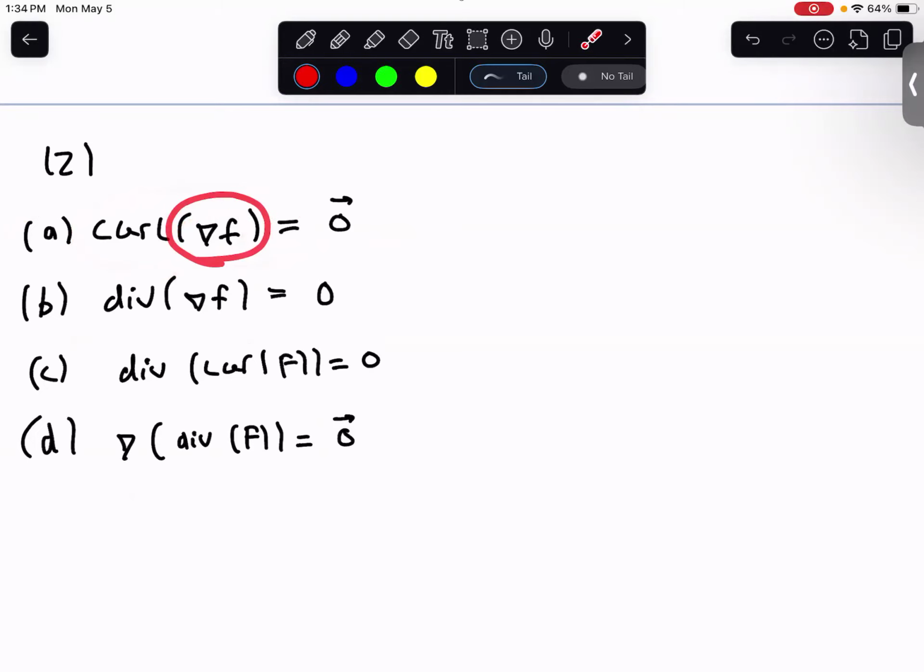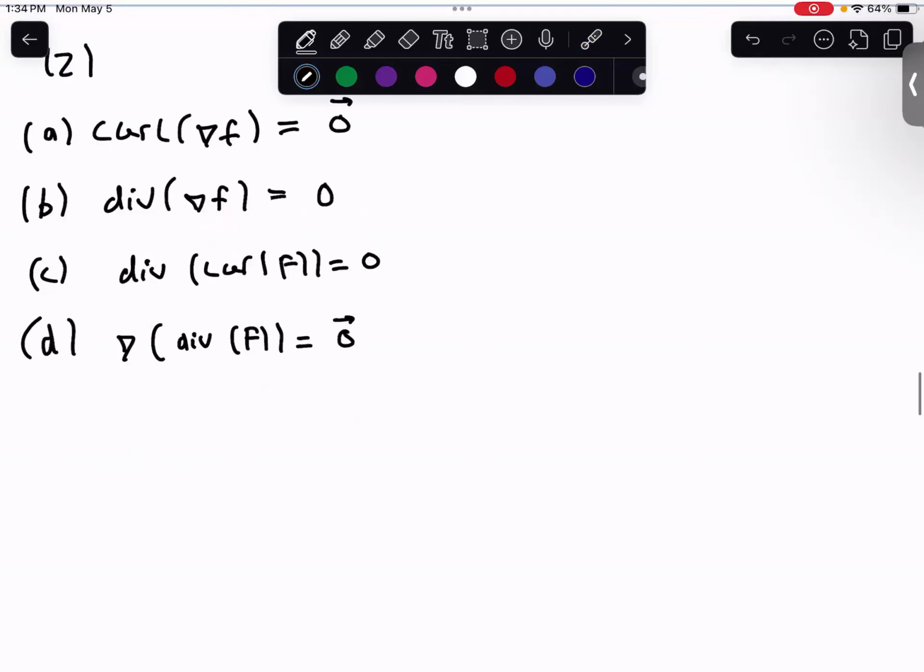If you're looking at the gradient of a function, that's always going to be a conservative vector field, by its definition. So for part A, the solutions I'll write in green. For part A, we have that the gradient of f is a conservative vector field. Again, by the definition of a conservative vector field.